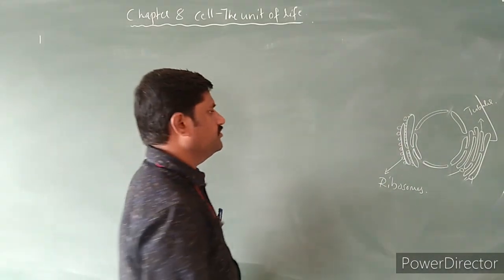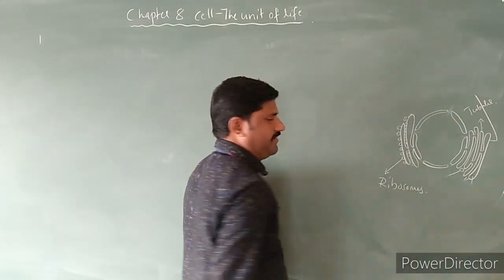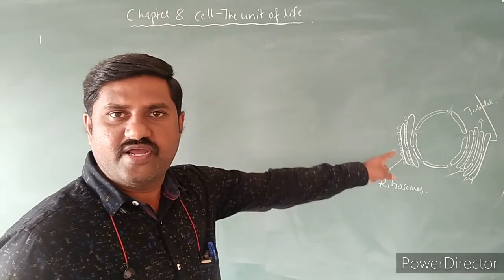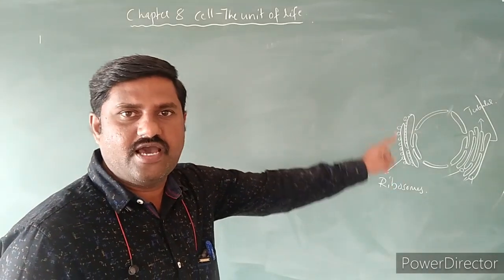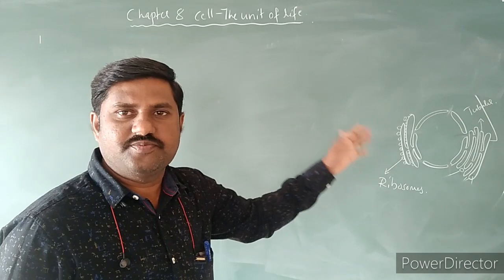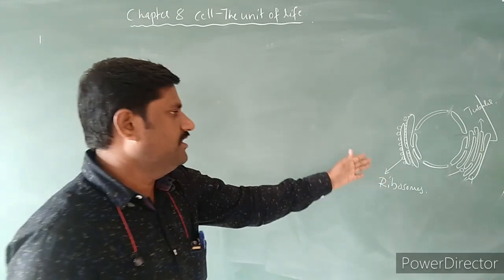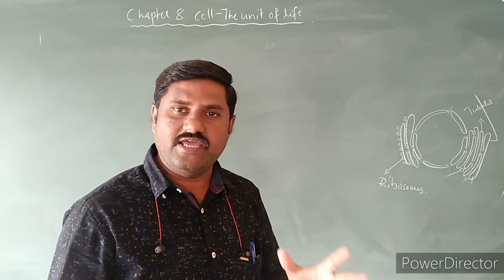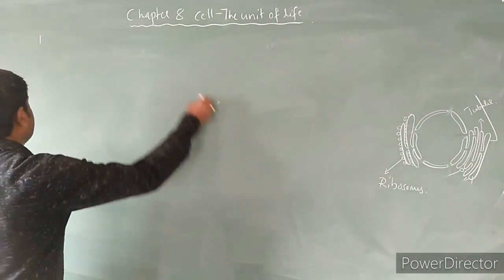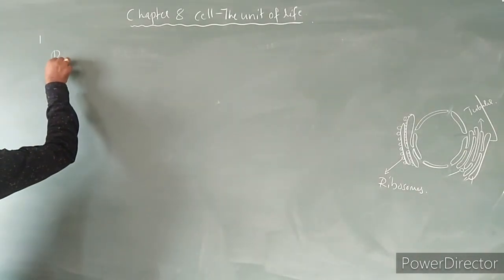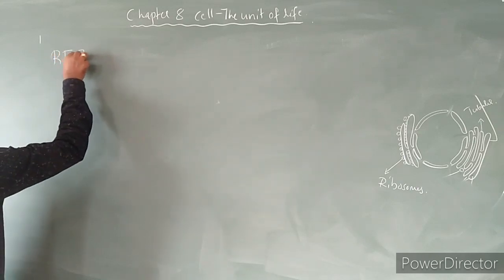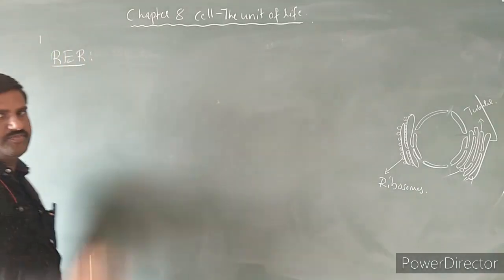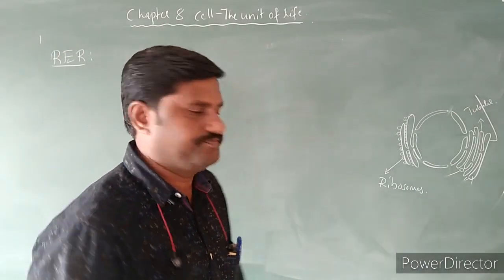These ribosomes are attached on the outer surface of this endoplasmic reticulum, so it is called rough endoplasmic reticulum. Why? Because it makes the surface rough, right? So rough endoplasmic reticulum is one type of endoplasmic reticulum.